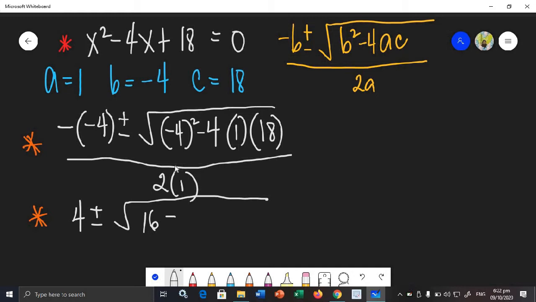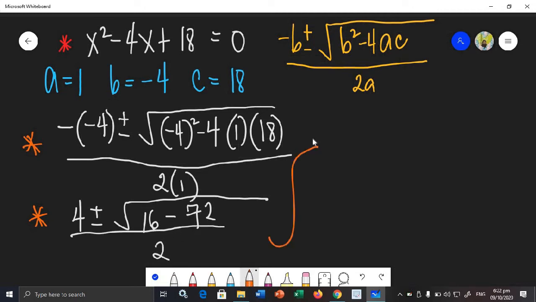Let's check using our calculators. So we have 4 times 18. Yeah, the answer is 72. All over 2 times 1, that is 2.